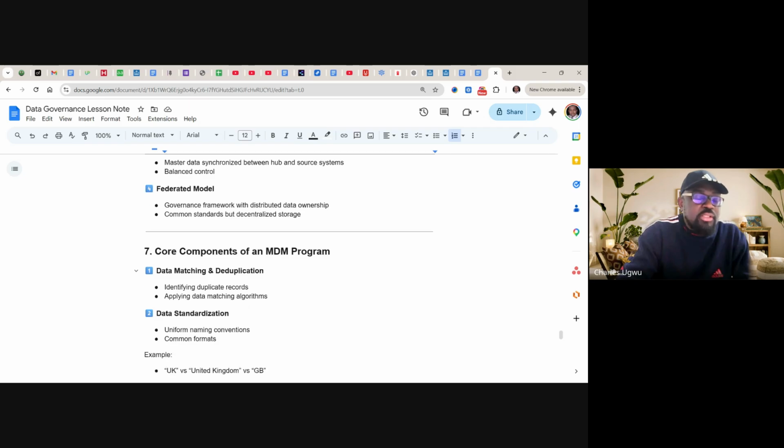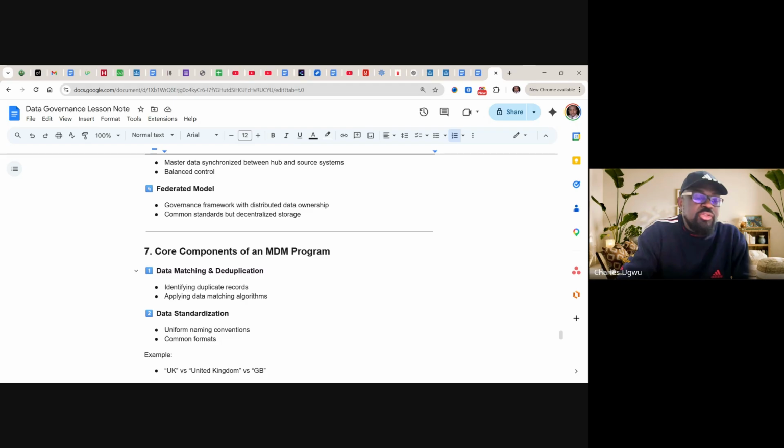Okay, let's look at the core components of a master data management program. Data matching and deduplication: identifying duplicate records and applying matching algorithms.